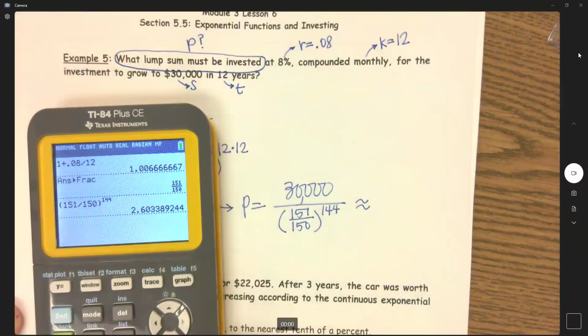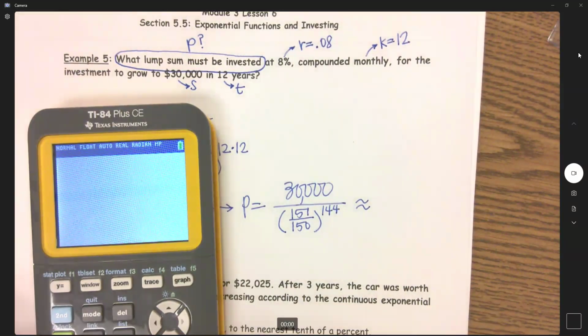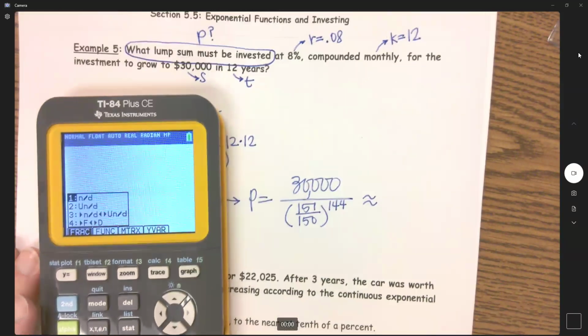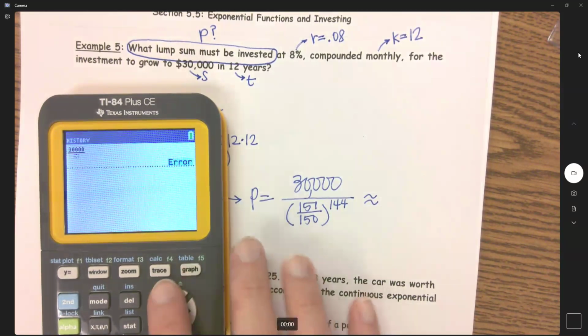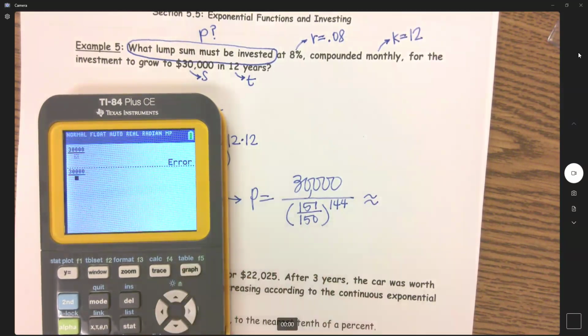So let's put this in our calculator, and I would probably use N over D. So let's go alpha y equals for our fraction. 30,000 in the top. Oops. And 151 divided by 150 to the 144th power.